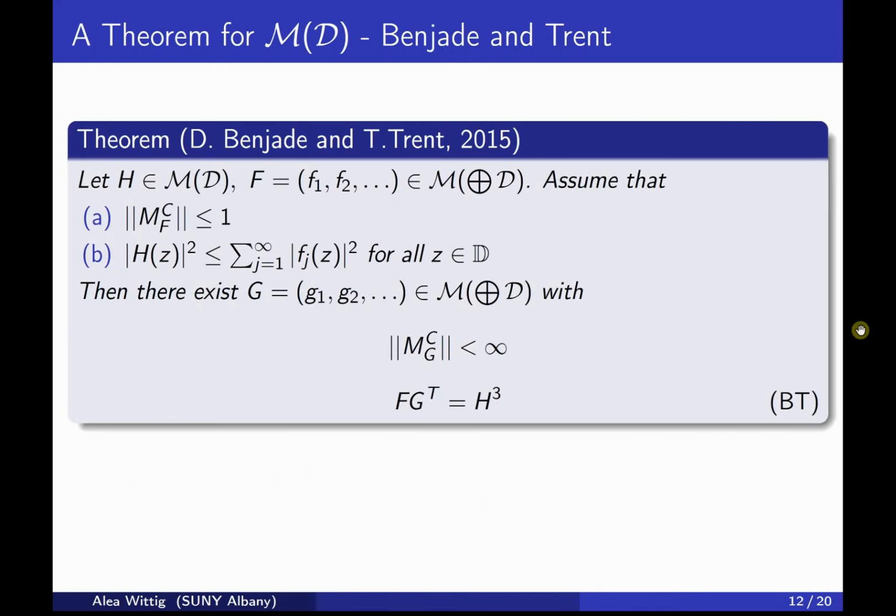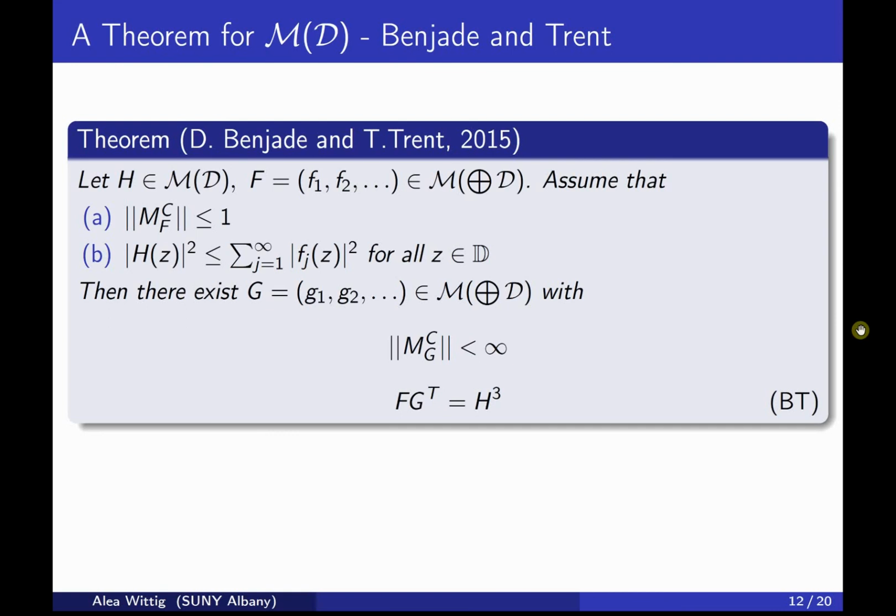The following theorem for the multiplier algebra of the Dirichlet space was given by Bijay and Trent in 2015. It is basically an analog of Wolff's ideal problem, now on the multiplier algebra of the Dirichlet space.